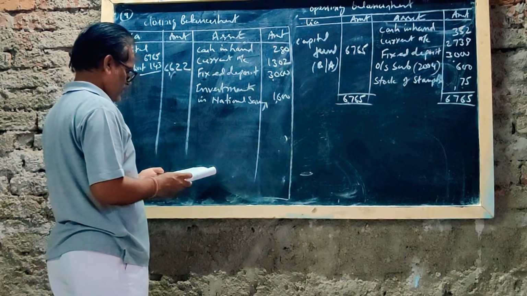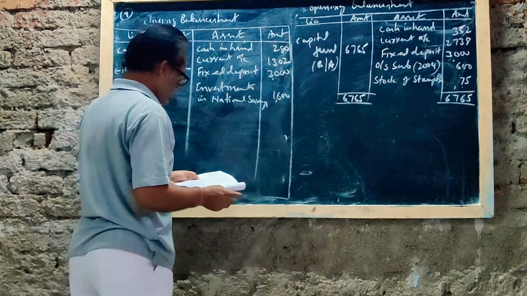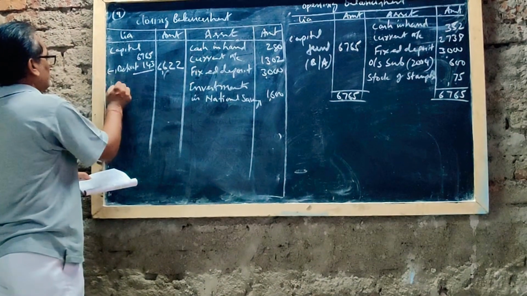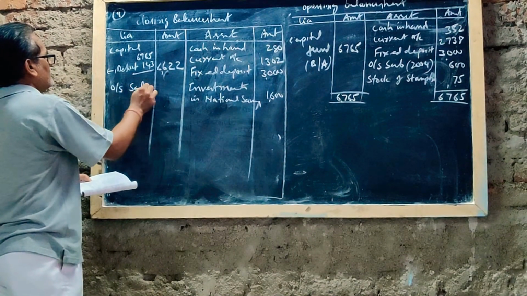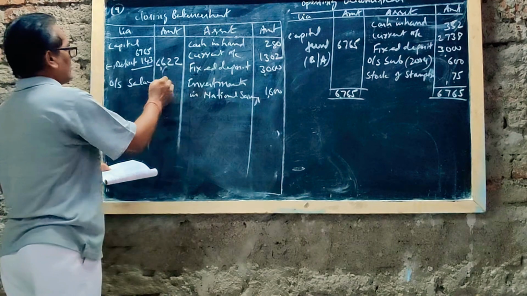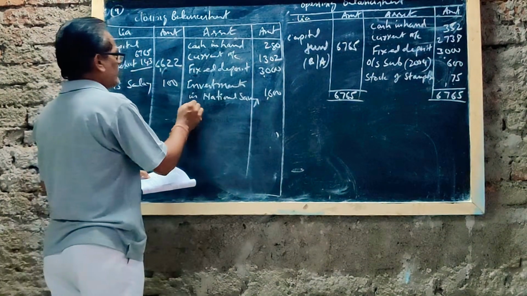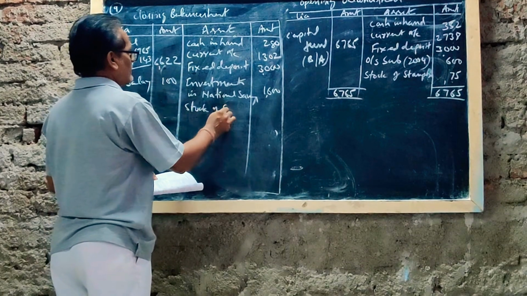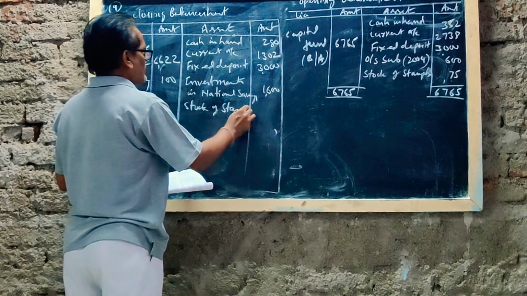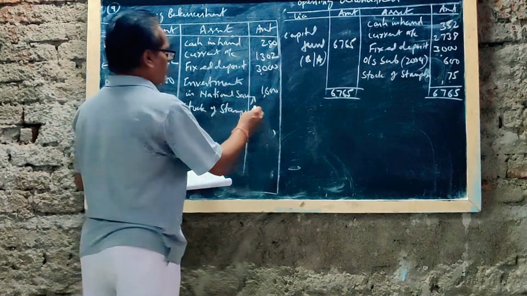Now outstanding salary, 100 rupees. Stock of stamps this year 90.